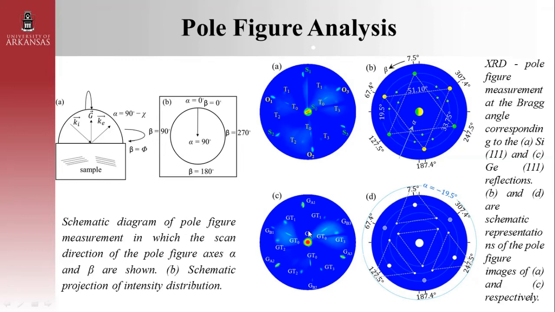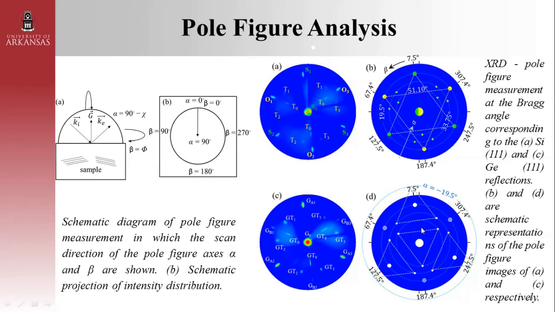So basically it means that you have germanium which has the same stacking sequence as silicon as well as gadolinium oxide. Okay, now a very important portion. In addition to rotational twin reflections, we also observe reflection twins in the epilayer. If you look carefully, you have GT0, and this GT0 is represented by this triad.